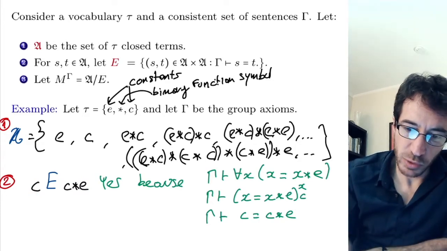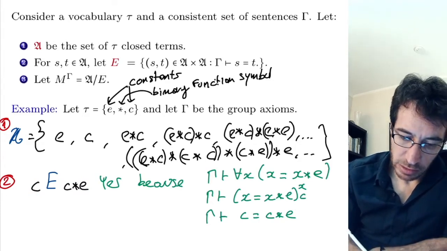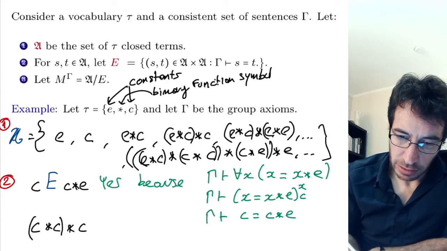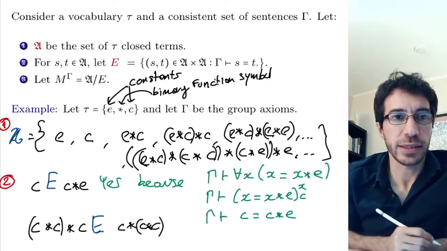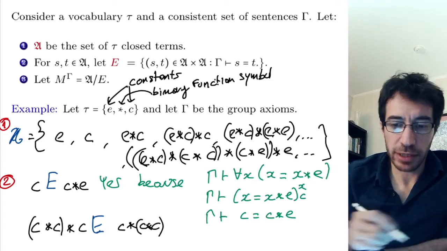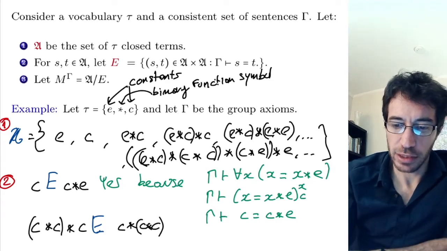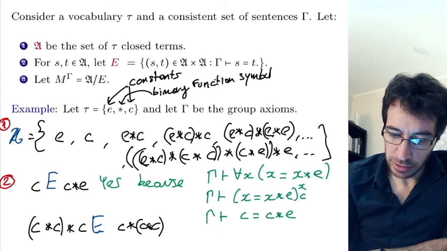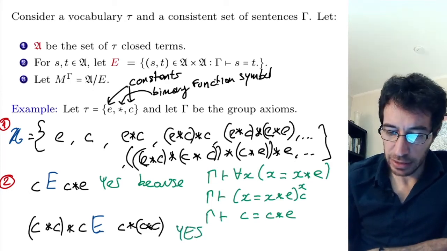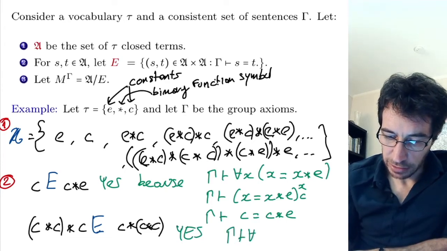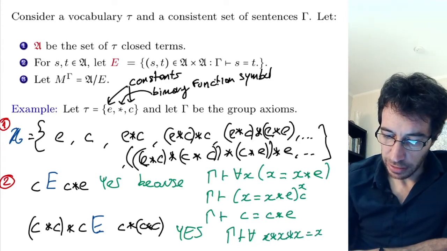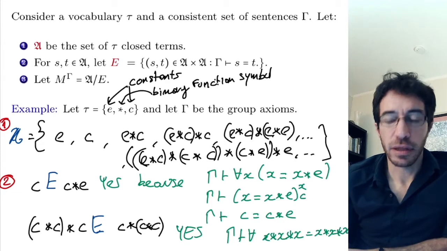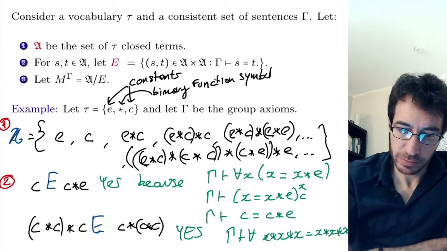What about, let's do another example. C star C star C is E related to C star C star C with the parentheses on the other side. And again, why is that? Yes, that is true. And the reason is that gamma can show that for every x, x star x star x equals x star x star x, if you put the parentheses in the right places.